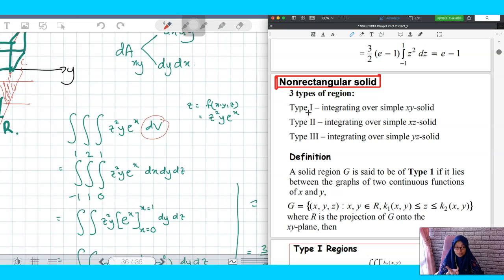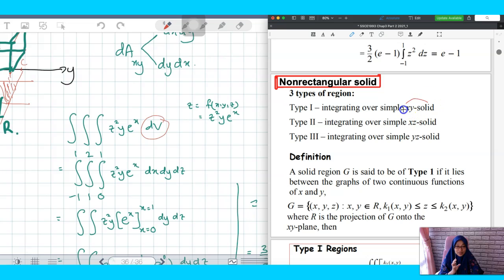It's just to guide you to choose a correct order of integration. So if you have the solid, you have to decide what kind of solid you have, whether it is an XY solid, an XZ solid, or a YZ solid.